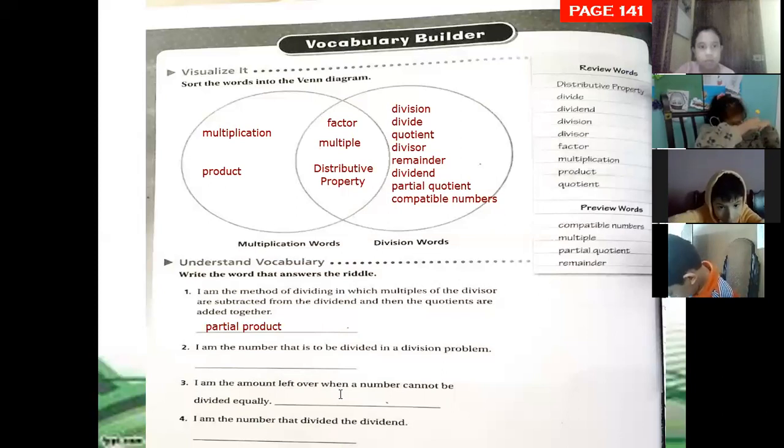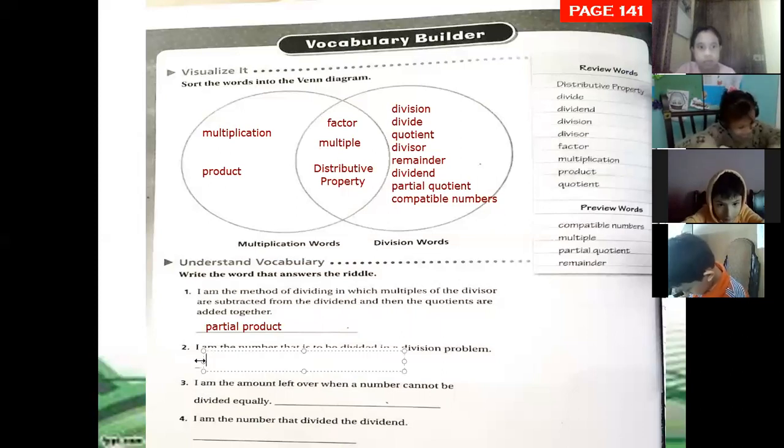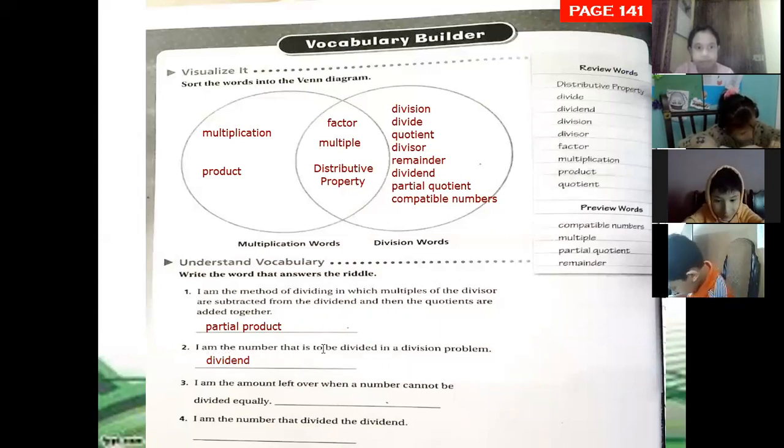The next one, I am the number that is to be divided in division problems. That's the dividend. I am the number, again, that is to be divided. El número que va a ser dividido. Yo soy el número que va a ser dividido en una division problem. Okay? So I'm going to write it here.